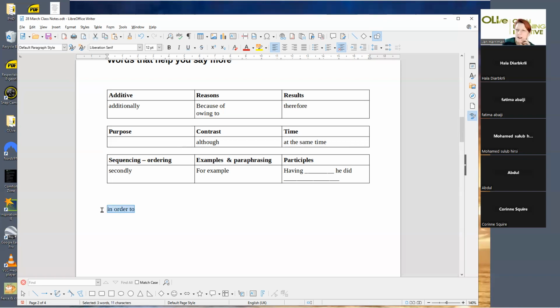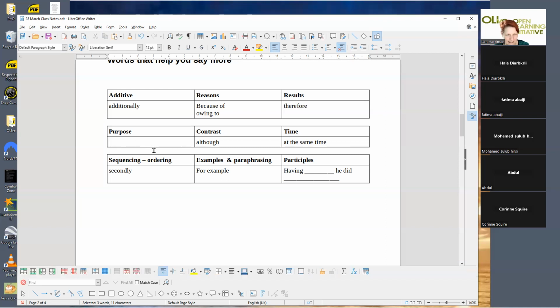Why did they buy the boat? In order to explore the world. That's the reason, I think. So it's a purpose or a reason. There we go.